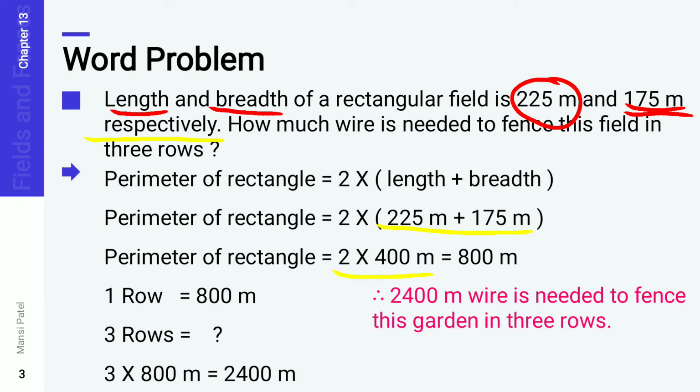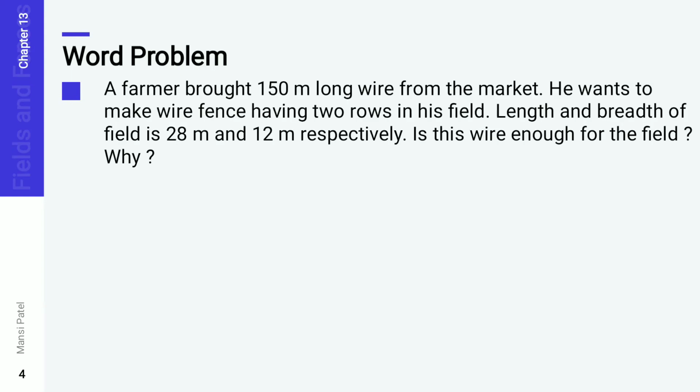Let us see another word problem. In this, they were given that a farmer brought 150 meter long wire from the market. When the farmer went to the market, at that time he brought 150 meter long wire.